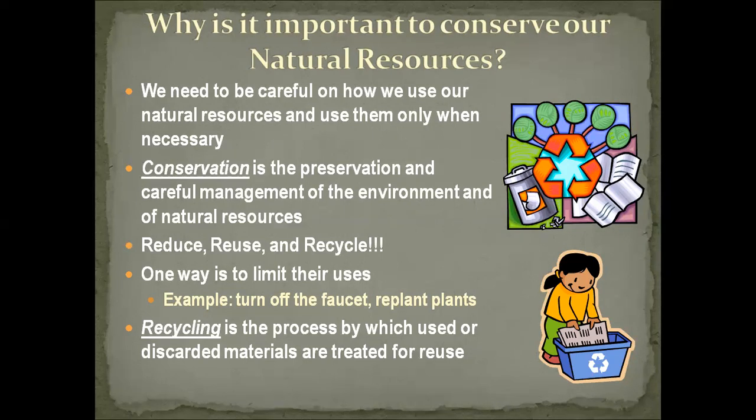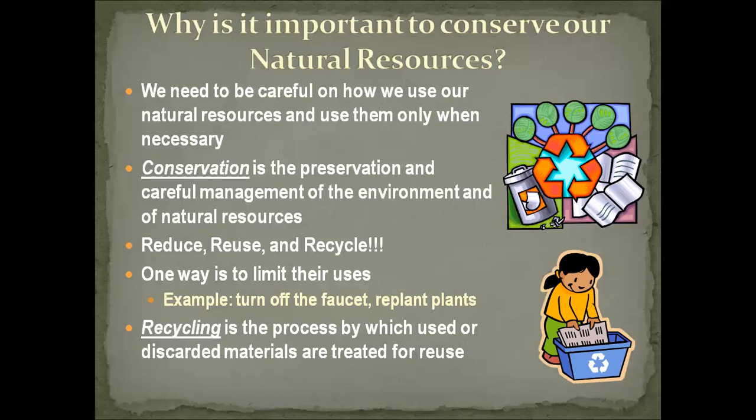And with that, the concept of 3R comes to mind. That is reduce, reuse, and recycle. Whatever you are using, just reduce the use of that. And even though you are using it, try to reuse it.